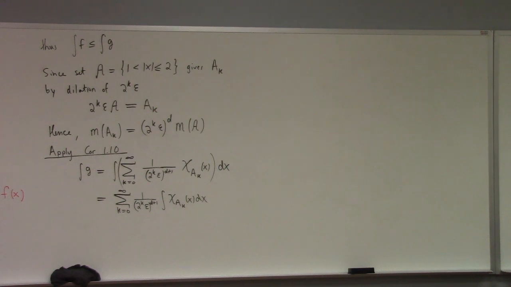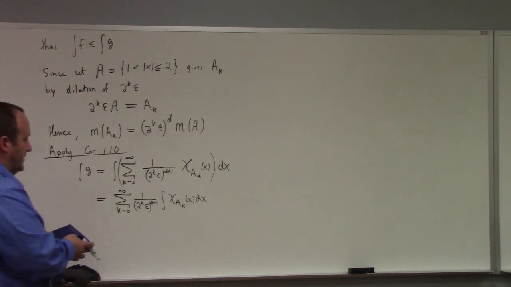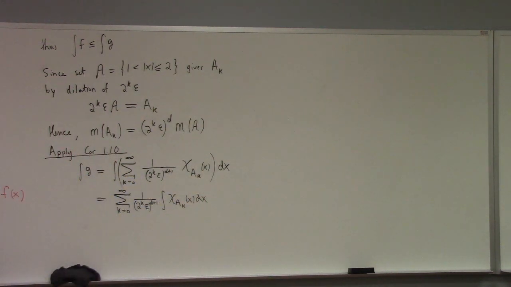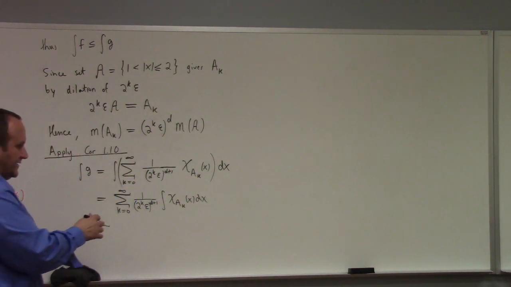Did I erase it? No. Yeah, just non-negative and measurable. Well, this is built from a countable sum of characteristic functions. That's certainly a measurable function, right? Fine. So these A sub k's are definitely measurable. Fine, they're non-negative, sure. And what's the integral of the characteristic function?